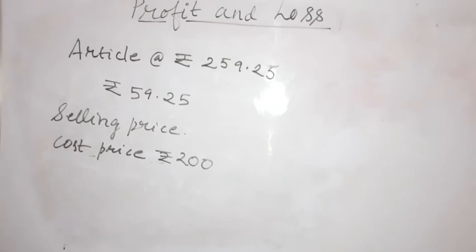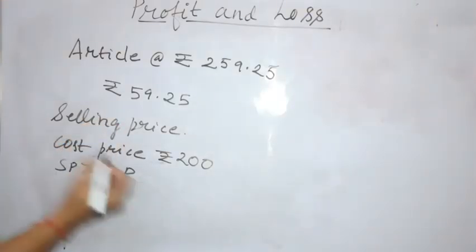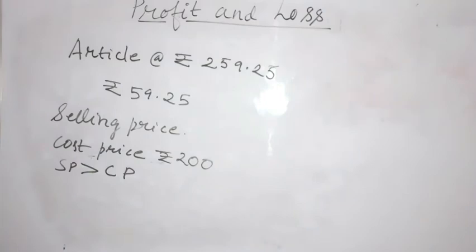Whenever there is profit, the selling price is always greater than the cost price. How will you identify whether there is a profit or a loss? Whenever there is a profit, the selling price will always be greater than the cost price.